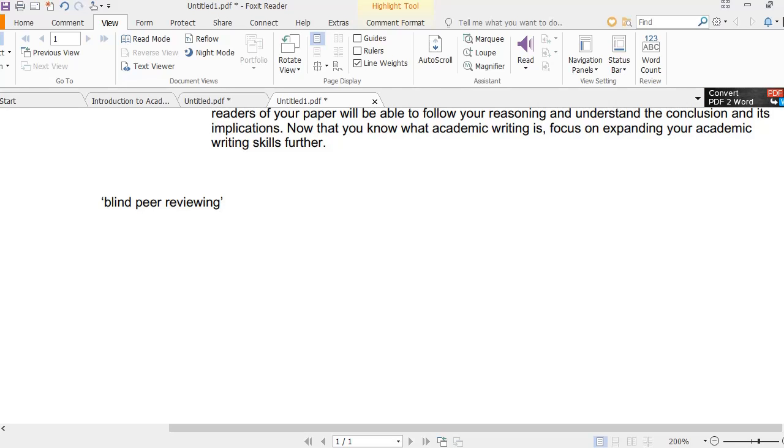So plagiarism is an act of stealing others' material as one's own, and it is an unethical act. A serious offense also, and is treated as a breach of academic integrity.